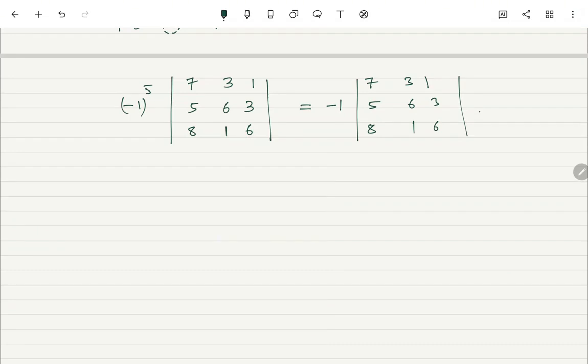Now, as a generalization, instead of using the first row, we would like to use the ith row.